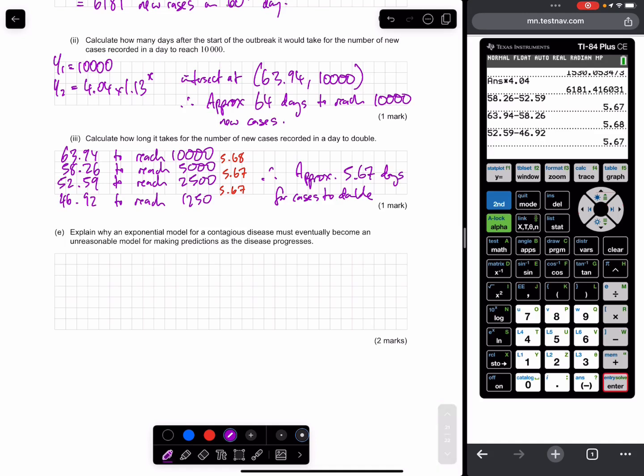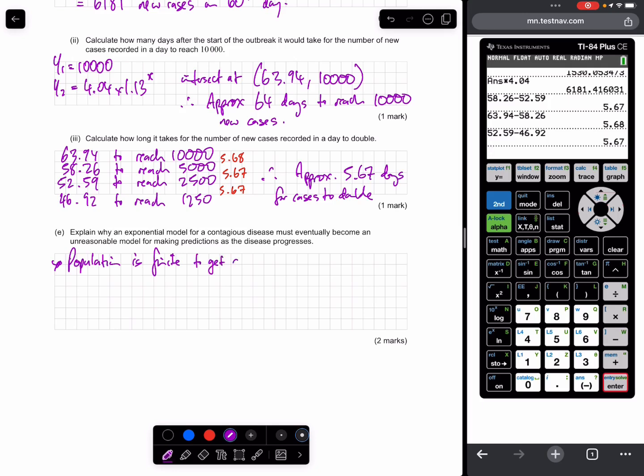Explain why an exponential model for a contagious disease must eventually become an unreasonable model for making predictions as the disease progresses. Population is finite. An exponential model suggests that it keeps going up and up and up to infinity, but there are not infinite people to get the disease.